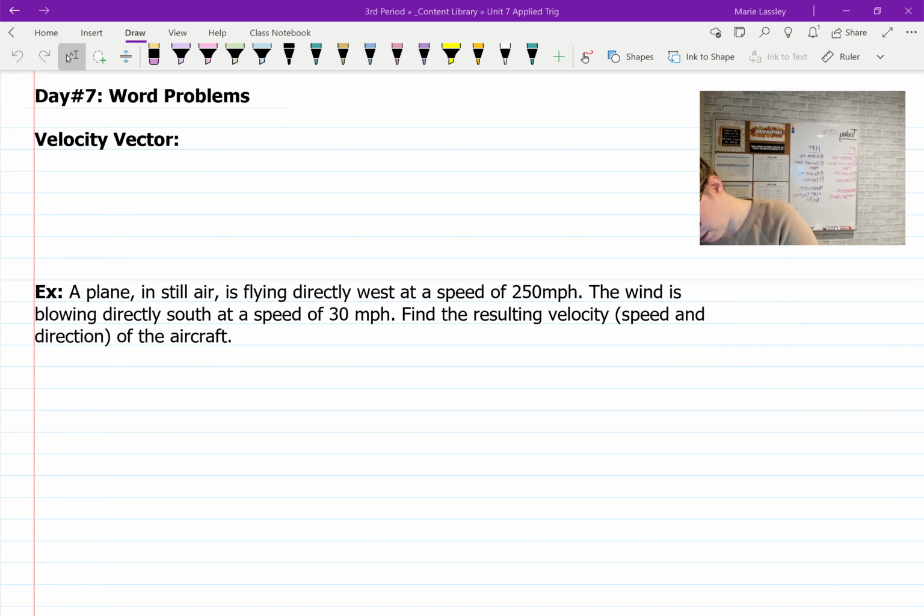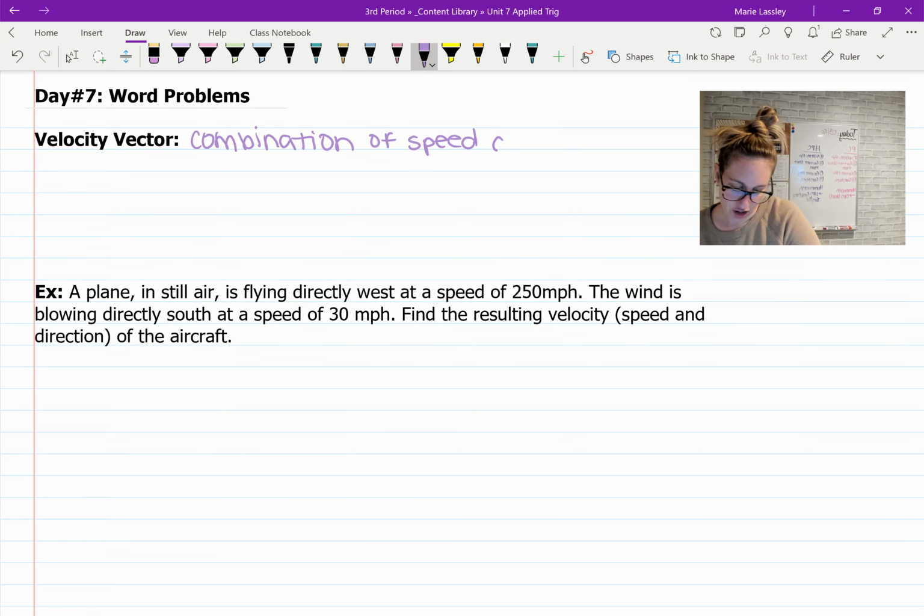A combination of speed and direction. Your magnitude, you're not going to see the word magnitude in your word problems. You're going to see speed.